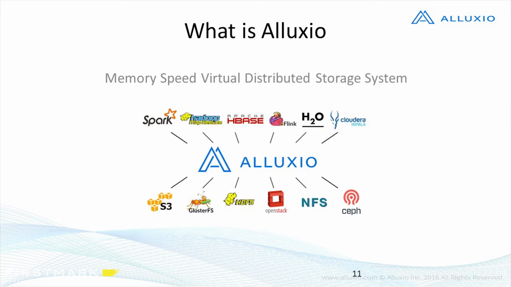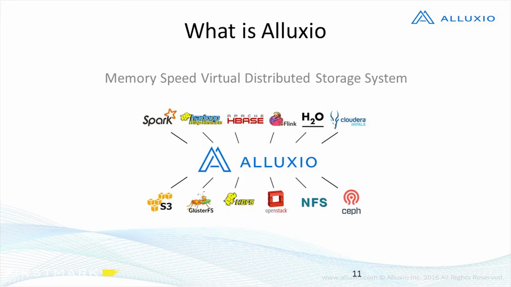Great, so what is Alluxio? It's a memory speed virtual distributed storage system. It sits between the distributed application layer, like Spark, MapReduce, HBase, H2O. We have another talk later on about H2O. And different types of persistent storage in the lower layer.